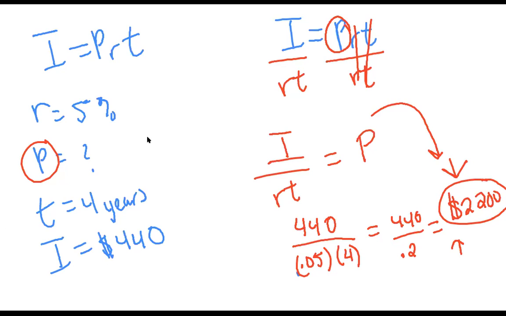And then it's the opposite for a decimal to a percent. To turn a decimal into a percent, I go 2 places to the right. Okay. So my principal is 2,200.